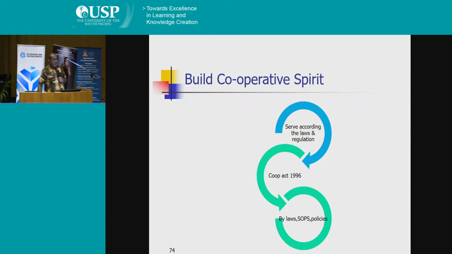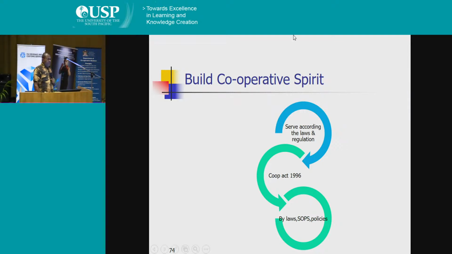Building cooperative spirit. Have you heard about those old boys? What kind of spirit do you see in them? QBS, Marist. Yeah. Togetherness, they care for one another. Even I.T.S, old girls or old boys?